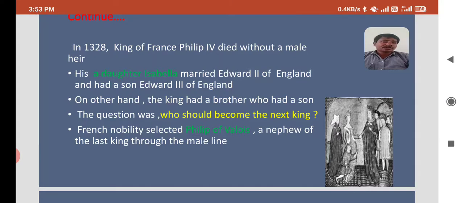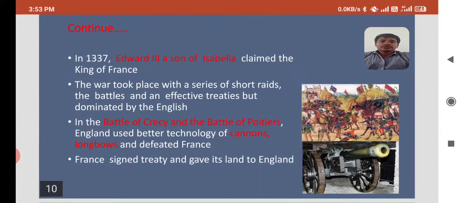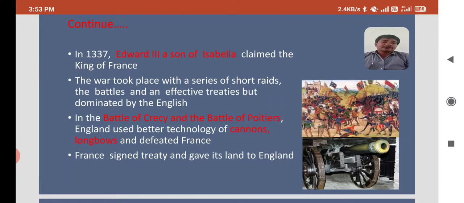The French nobility selected Philip of Valois, a nephew of the last king through the male line. So in 1337, Edward III, son of Isabella, claimed the French throne as a female heir. The war took place with a series of short raids, battles and ineffective treaties, but was dominated by the English.